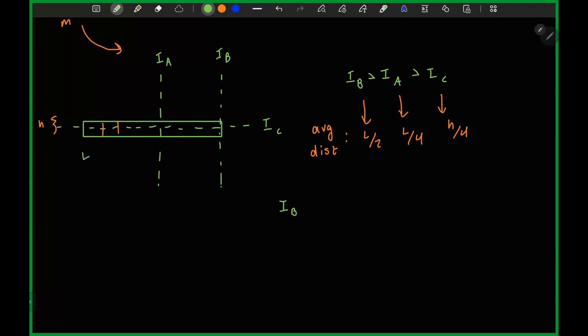However, the particles which are farther away have a larger square value. And therefore, our moment of inertia is going to be strictly greater than m (L over 2) squared, right? Because particles in the second half of the rod with distances greater than L over 2 are disproportionately contributing to our moment of inertia.